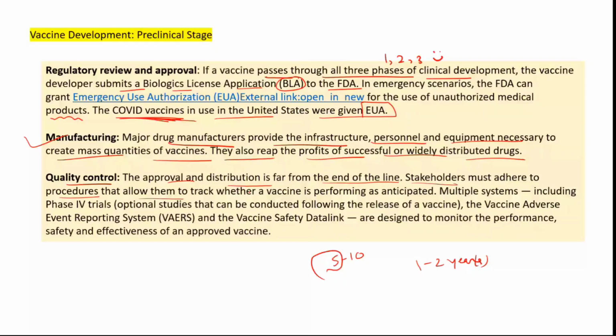Before releasing into the market, you have to give assurance that your vaccine is not causing any fatal consequences. So these are the phase 4 trials, optional studies that can be conducted following the release of a vaccine. The Vaccine Adverse Event Reporting System and the Vaccine Safety Datalink are designed to monitor the performance, safety, and effectiveness of an approved vaccine.